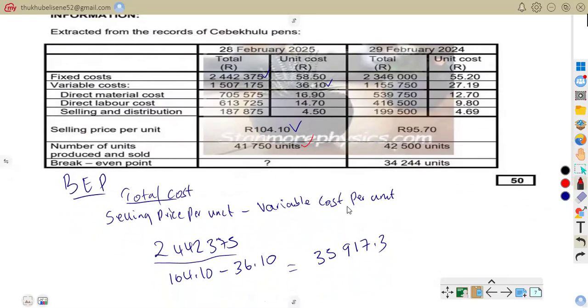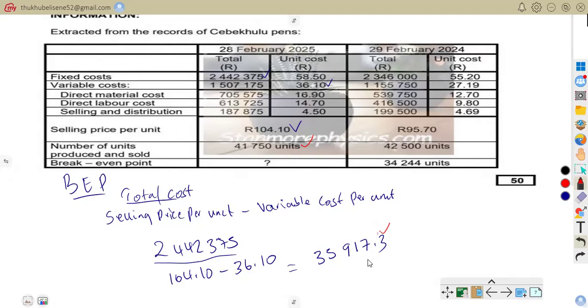That's the units that they produce, but their break-even point is 35,970.